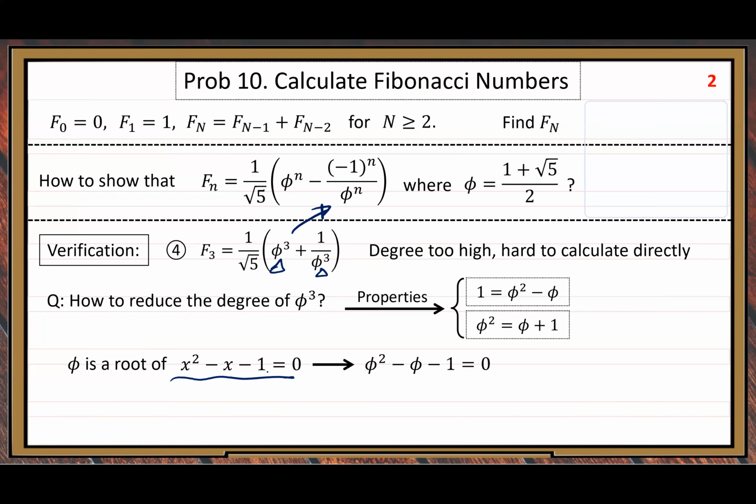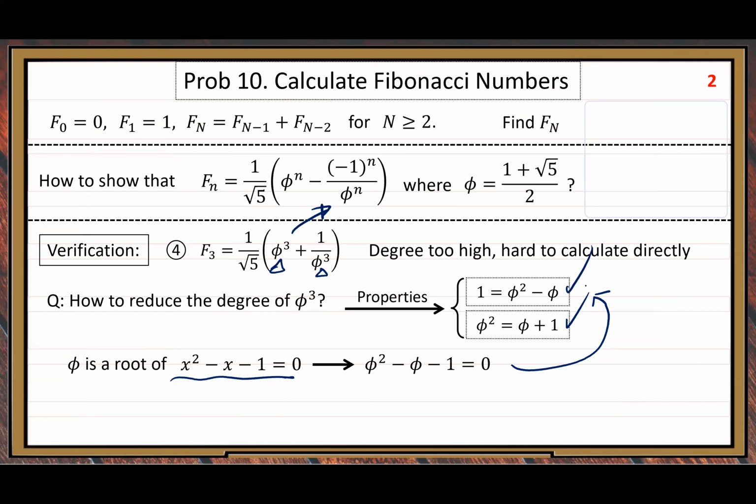From this equality, can you get these two formulas? You're just using basic algebraic rules. You move the terms from the left to the right. So you can get the first property, and you can also get the second property easily. So these two properties must be true.